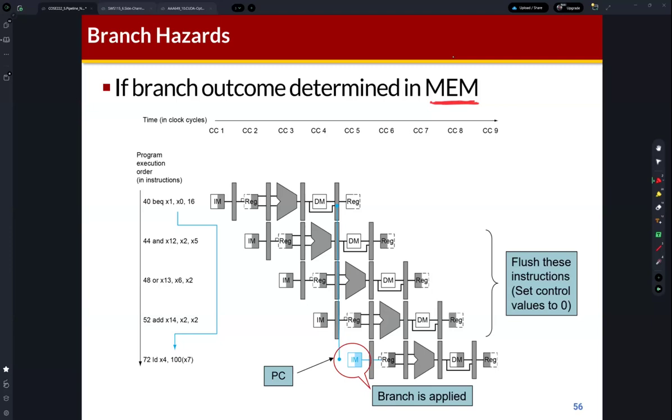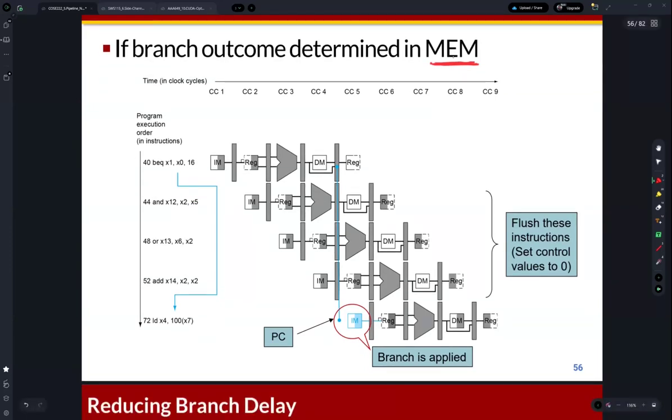So I will explain. This is the example. You can find that BEQ is here, right? The branch instruction is here, and these are the next instructions. What is this number? This number is the PC, right? So when the BEQ is taken, if the condition of this BEQ is true, then this is the target. So we need to fetch this load instruction.